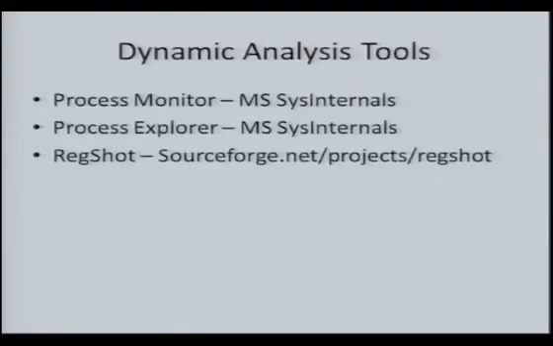Regshot's a great program. It allows you to take a snapshot of everything that's going on in your system, all of the registry entries as they are, and then after you run your malware, you take a second snapshot. It tells you everything that changed on the system, all of the registry entries, all of the files that were created, all the files that were deleted.